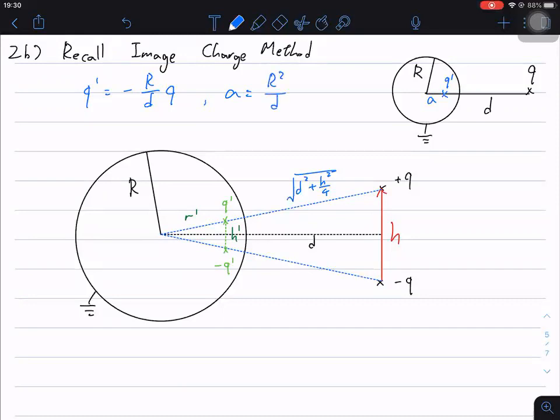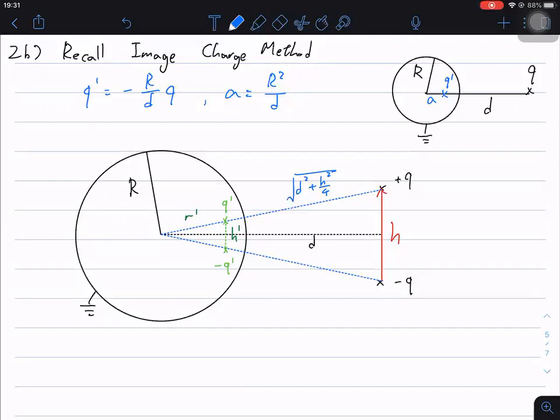By putting this image charge inside the conductor, we can obtain the solution where the potential on the whole surface of the sphere is equal to 0, by considering just the charge Q and the image charge Q prime.